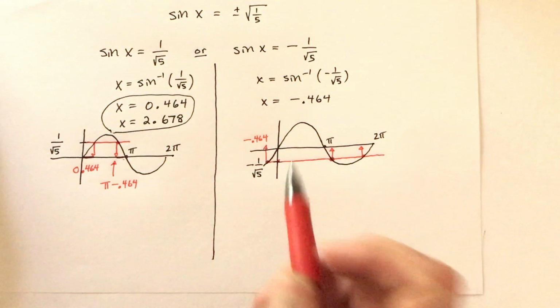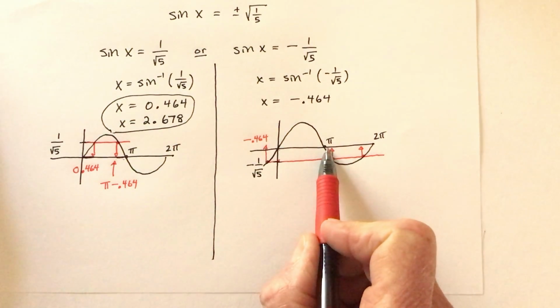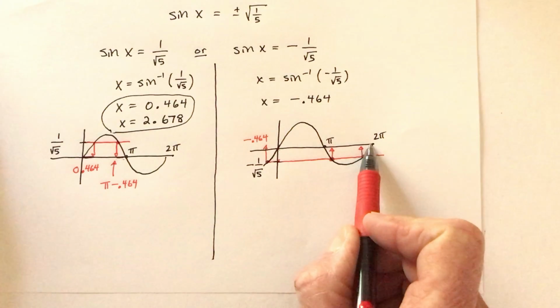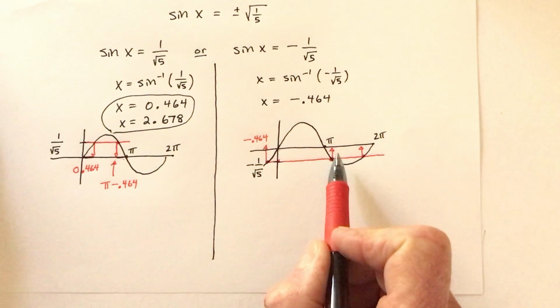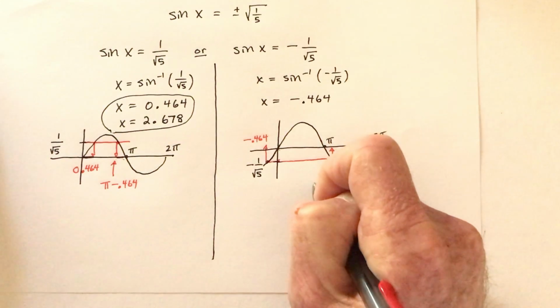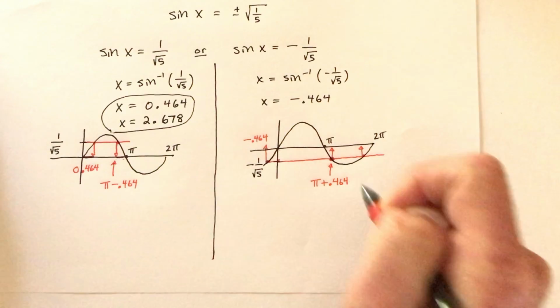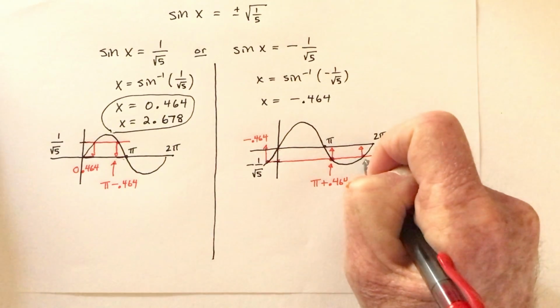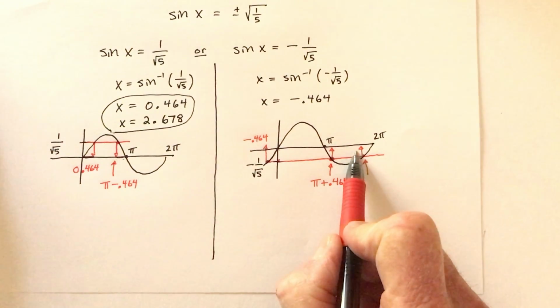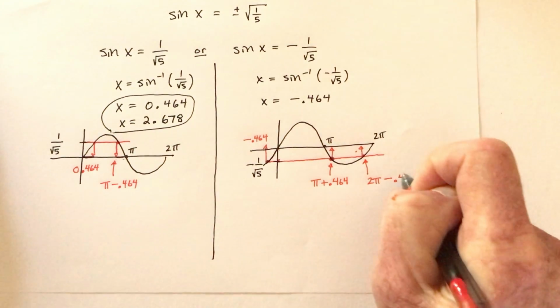So the 0.464 is saying this gap is 0.464, which means that this gap is also, and this gap is also. So that means that this solution is to the right of pi. So it's going to be pi plus 0.464. And this one is to the left of 2 pi, so it's going to be 2 pi minus 0.464.